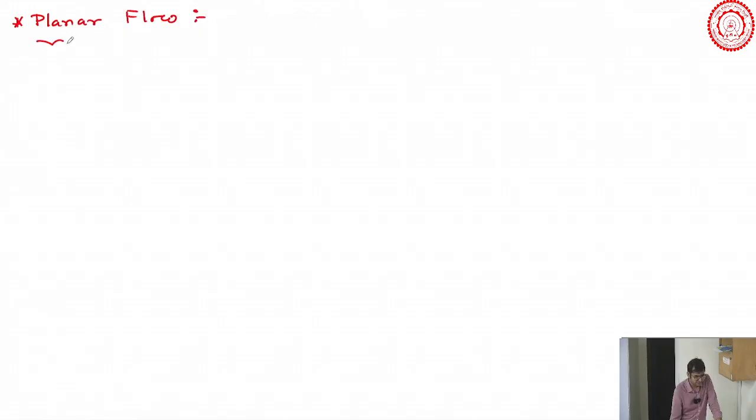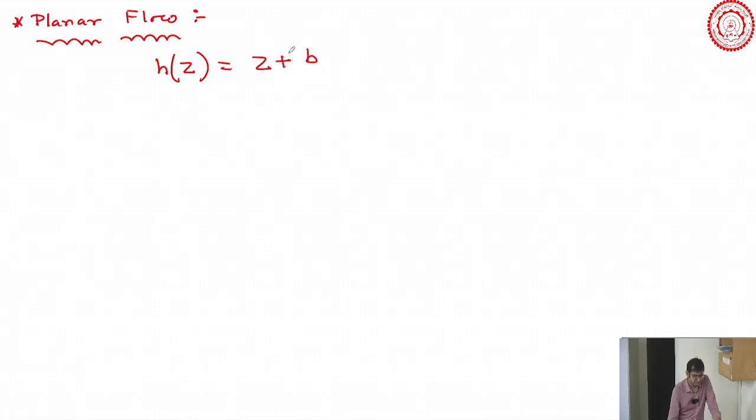Okay, so what I was talking about is planar flow, right? So there is this idea of planar flow, which started, the idea is basically that if you want to find out, let's say, f of z, this is equal to z plus b, sigma of w transpose z plus b.